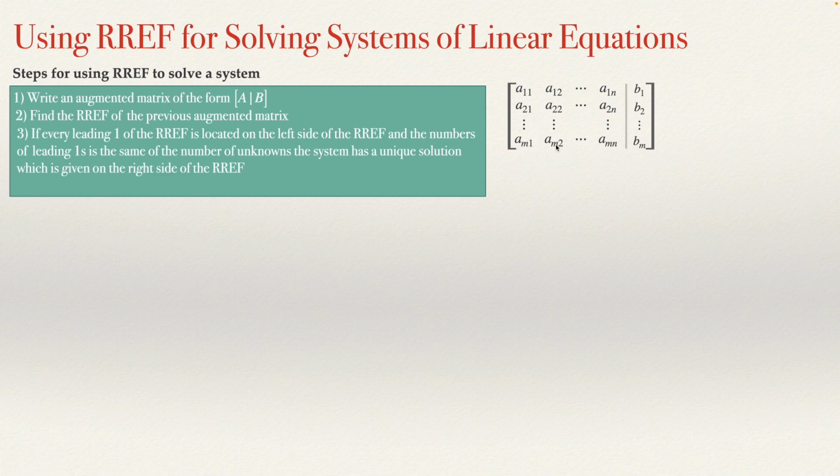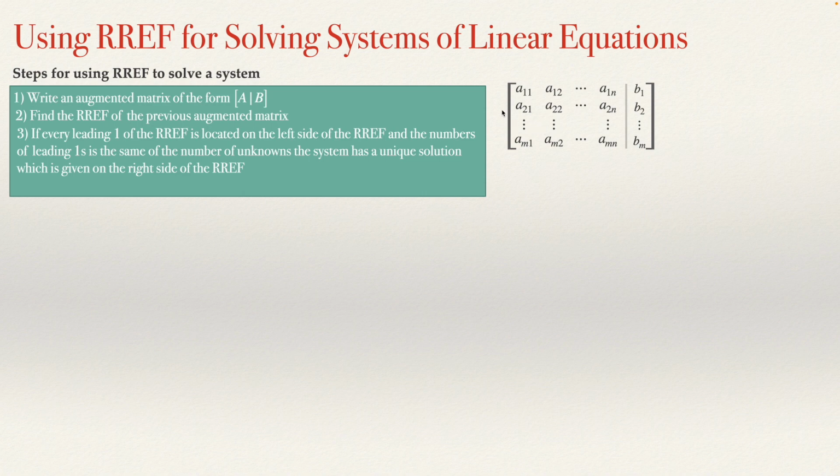So if the number of leading ones is the same as the number of unknowns, then the system has a unique solution. If you have 3 leading ones, none in the last column, and you have 3 unknowns, we have a unique solution.